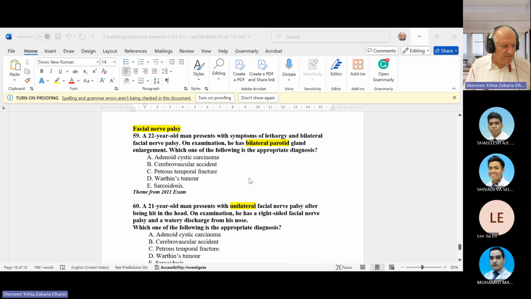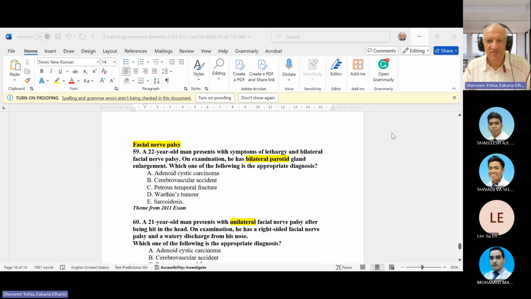After that, we're back to the facial nerve. Facial nerve is very important. Again, we have many topics in the facial nerve. They have these 3 questions about the facial nerve. First, to differentiate between upper and lower motor neuron lesion of the facial nerve: if the patient can elevate the eyebrow and can close his eye, it is an upper motor neuron lesion, like in a stroke.